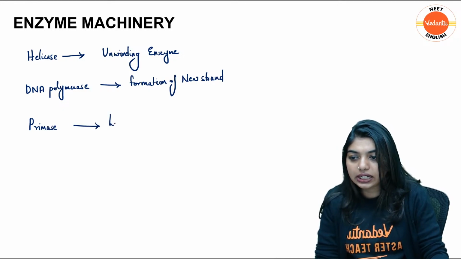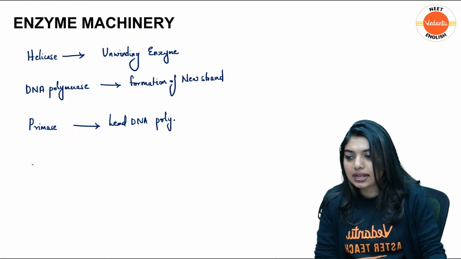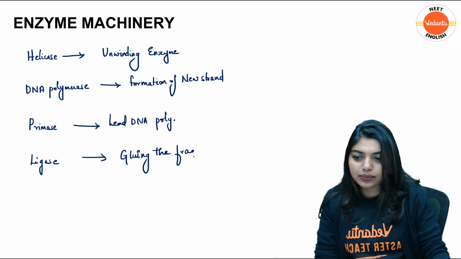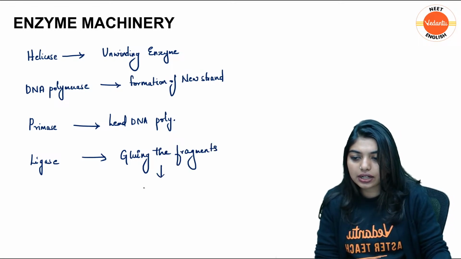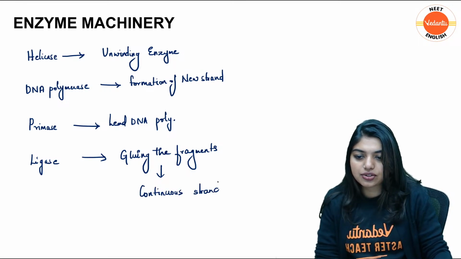Primase will lead or guide DNA polymerase. And last we have ligase, which will help in the gluing. It's a gluing enzyme which will help in gluing the fragments. After we glue the fragments, what do we get? We get a continuous strand, right? After we glue all the fragments, it will look like a continuous strand.